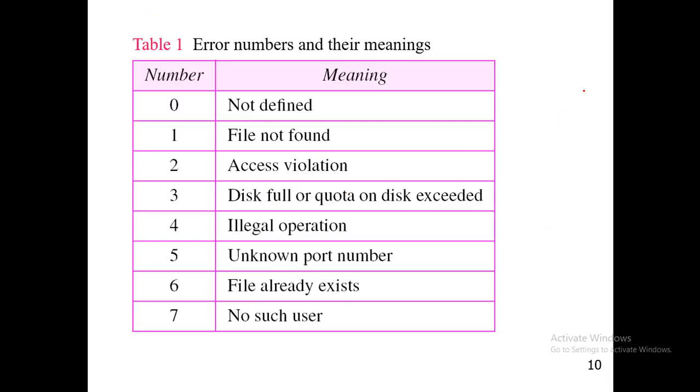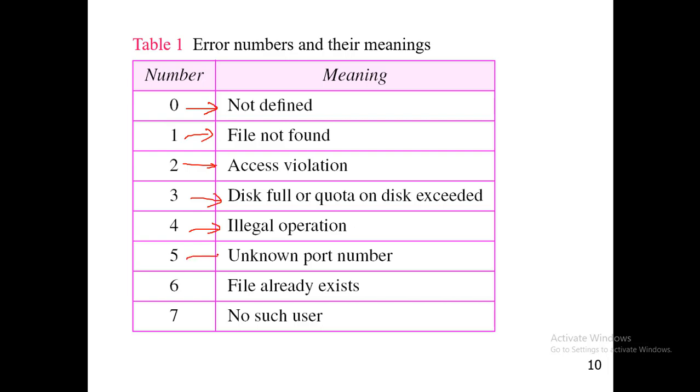This is a table showing the error numbers and their meanings. If you work with this for a while, you will be able to memorize it, and if not, this table is provided by the ISP or whichever provider you are dealing with. 0 maps to not defined, 1 is file not found, 2 is access violation, 3 is disk full or quota exceeded, and 4 represents illegal operation.